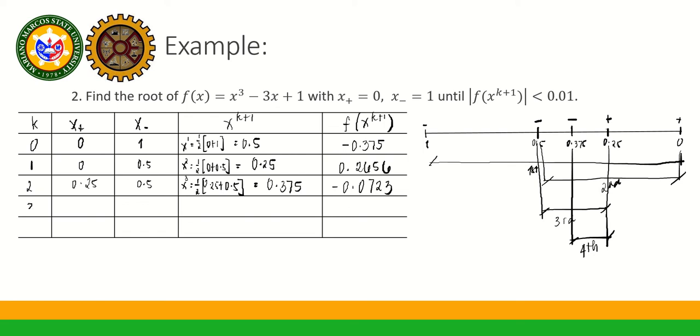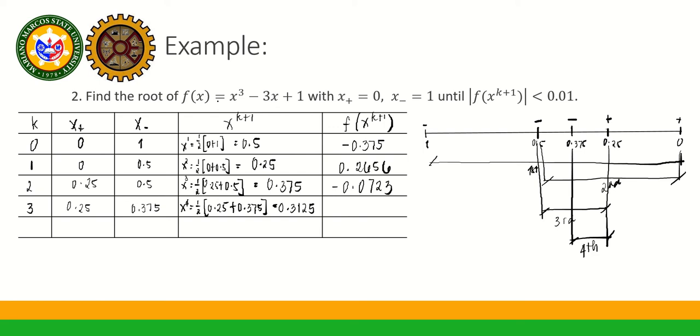Okay, so at k is equal to 3, what is our x positive? That is still 0.25. X negative will be 0.375. Okay, so computing for x raised to 4, that is equal to 1 half times 0.25 plus 0.375. This will be equal to 0.3125.